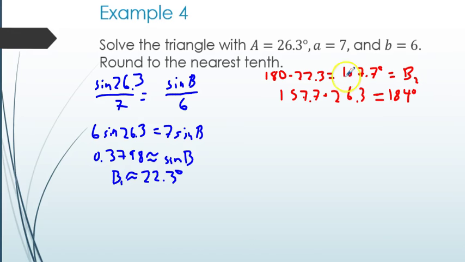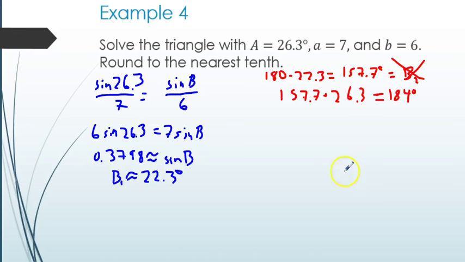If two of the angles, the angle they gave me and then the other potential angle for angle B, add up to be 184 degrees, then I can't have a third angle in the triangle and make them add up to 180. We've already gone past the given allotment for the sum of the angles in a triangle. So basically, I don't have to worry about this second case. There is no second triangle in the situation because the math just doesn't make sense.